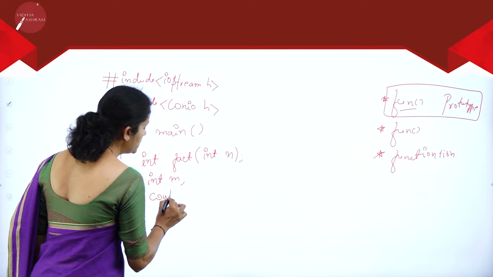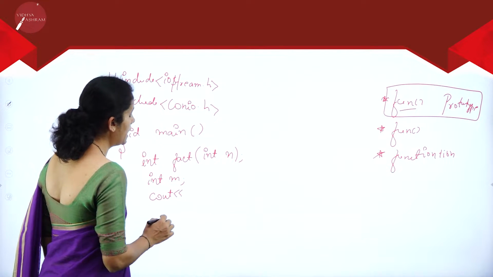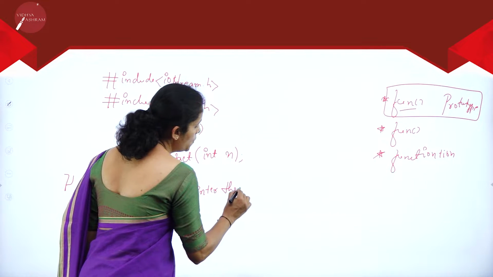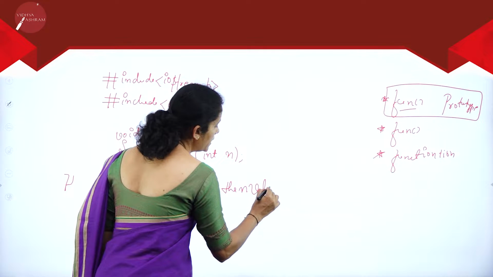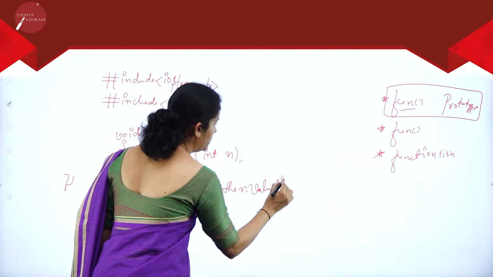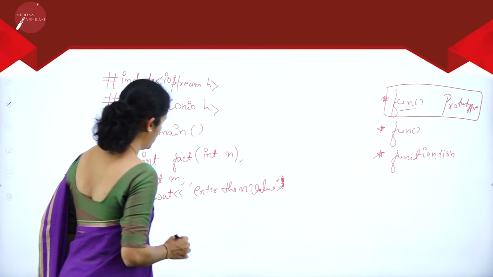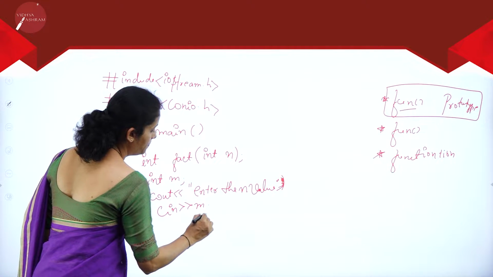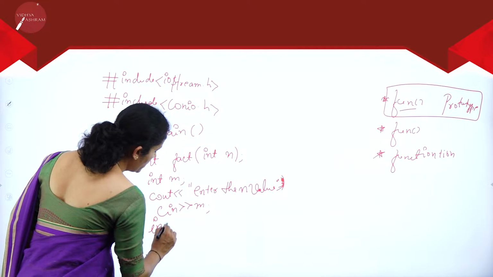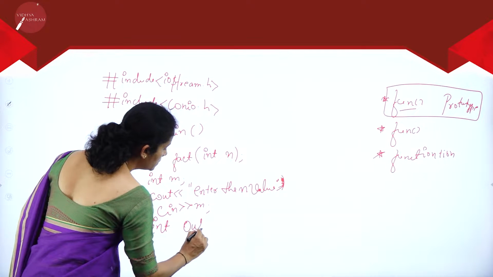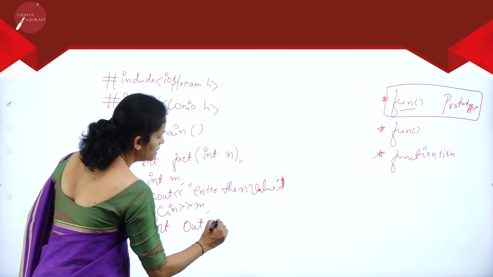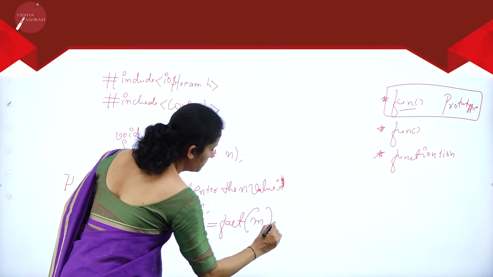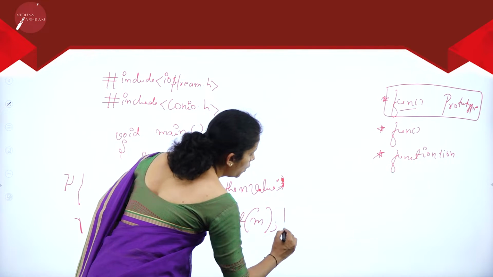Now I want to display a message to the user to enter the n value, that means enter the number range. Enter the number range. Now cin m. Now I will take one more variable called out, and I'm going to call the function fact and send the value m. So this is my calling function.